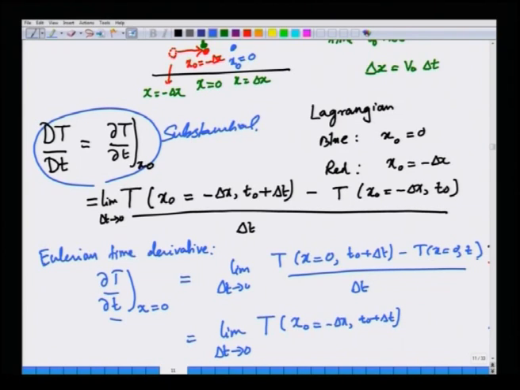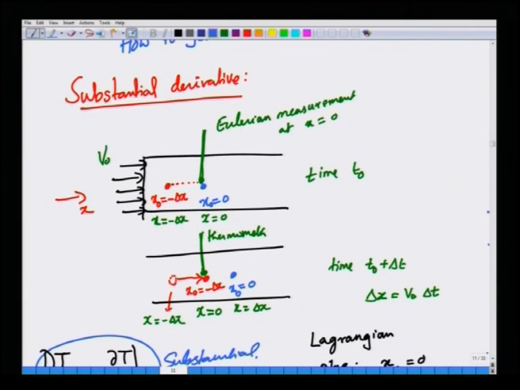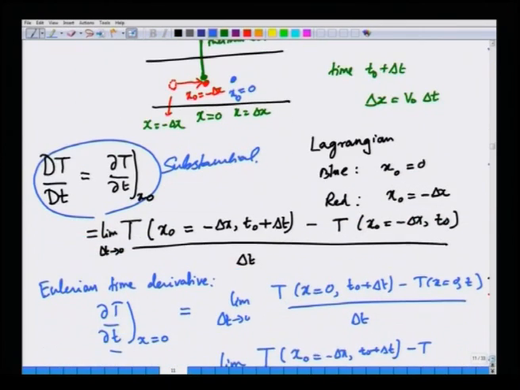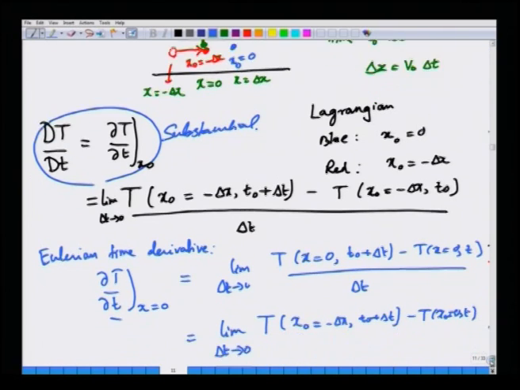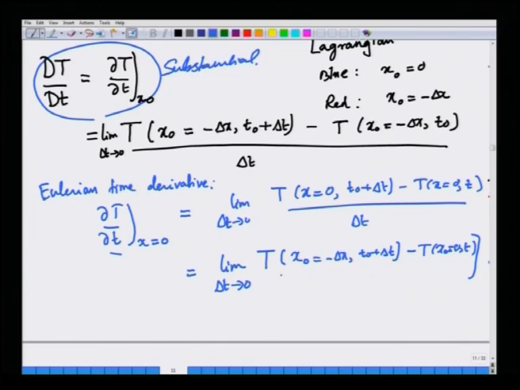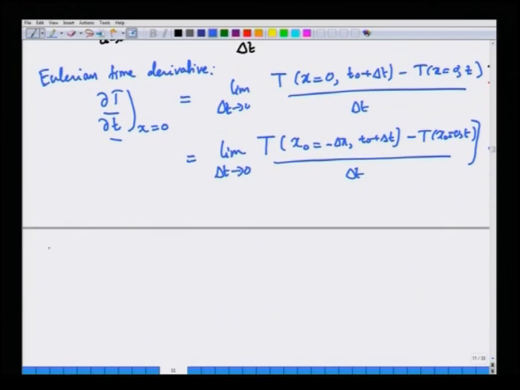At x equal to 0 at time t naught, it was the blue particle with identity x naught equal to 0 that was present. So, I am going to simply write this as x naught equal to 0, t naught, and then close the bracket, divided by delta t, okay. So, this is the partial derivative. So, the normal partial derivative at x equal to 0 is given by limit delta t going to 0.